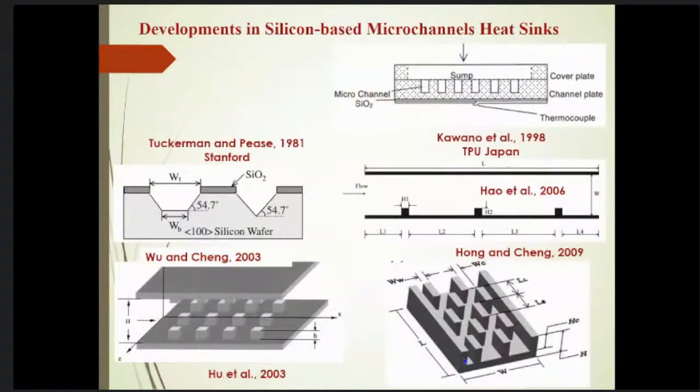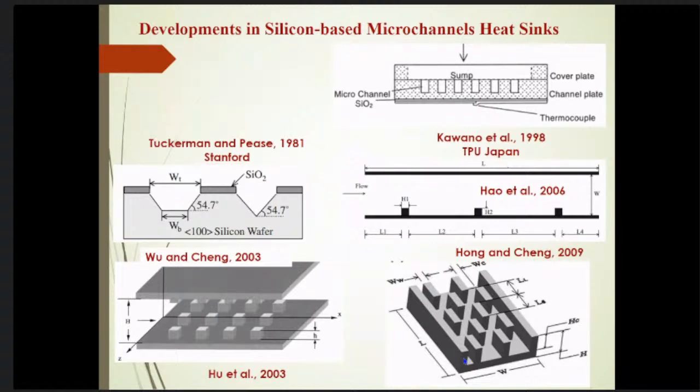In this, a lot of advancement has already been done. When we were not doing cooling at the micro scale, we had cooling at the conventional scale, where we have already developed several passive enhancement techniques.